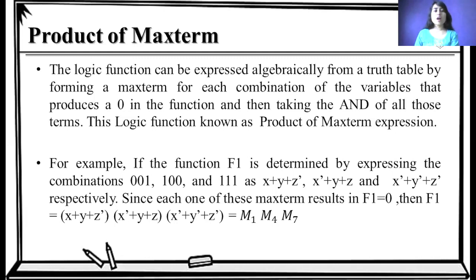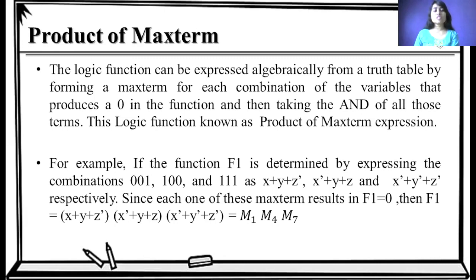So here we represent each individual input combination and then take the product of these combinations. So we have the format of product of max terms for any given function. Now for this input 0, 0, 1, the equivalent decimal is 1, so we have max term M1.